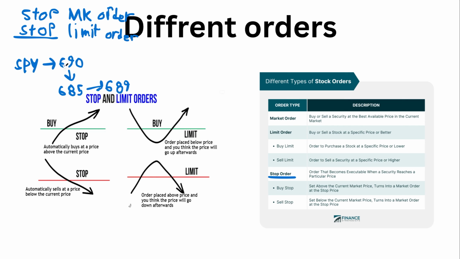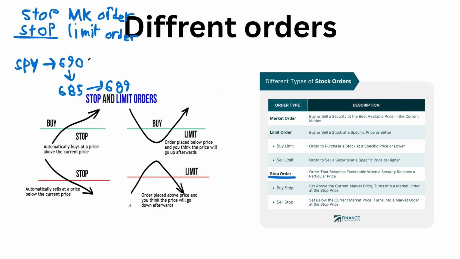When price reaches there, it'll set aside a bit of your money and put a buy order for 689. It will wait for price to come back up to 689, and then it'll place your buy order. It works the same way for selling.